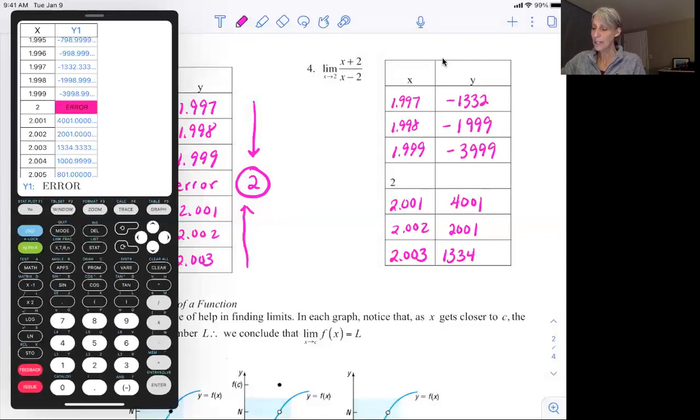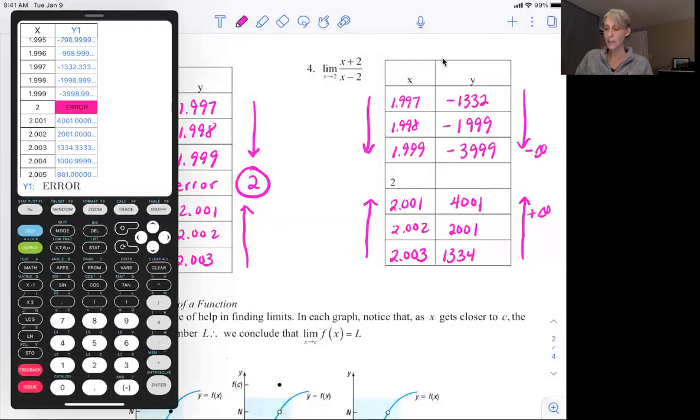So as I plug in x values that get close to 2, what's happening to my y values? They're going down to negative infinity. When I plug in x values that get closer to 2 from the right, my y values are going up to positive infinity.